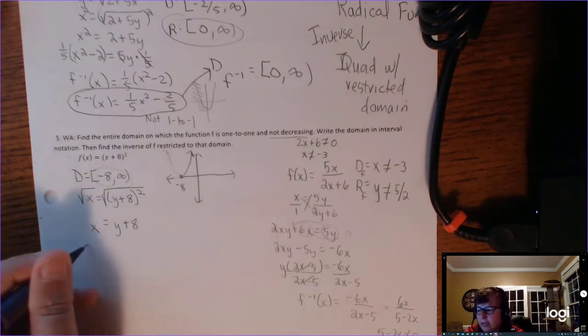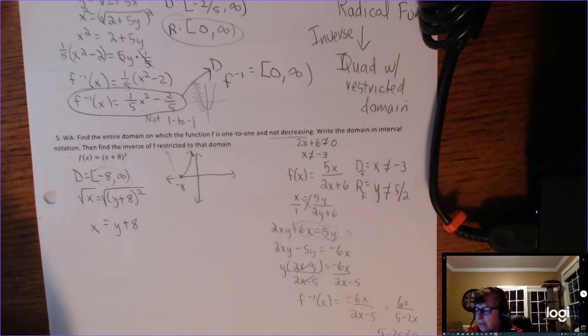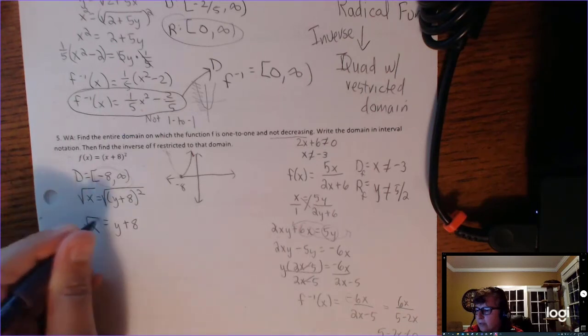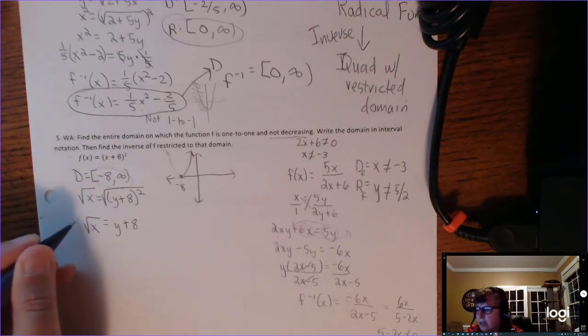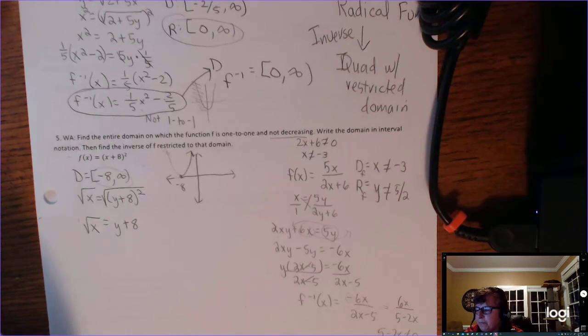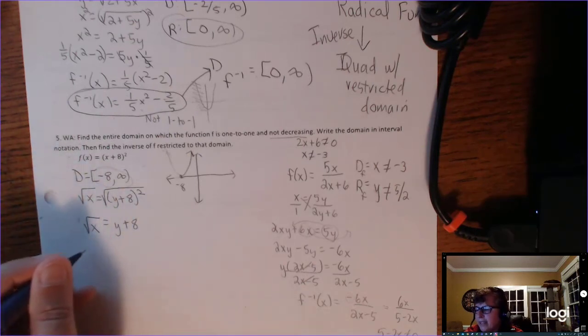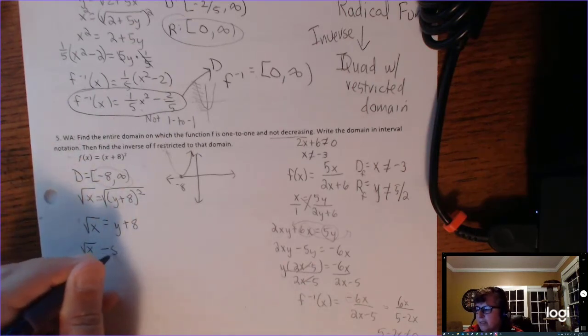So now if we subtract 8, we get, I lost something. I lost my square root. Okay, square root of x. You're not going to put a plus or minus in front of it. Okay, so now subtract 8 and you get square root of x minus 8 equals y.